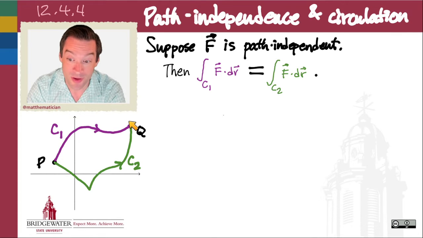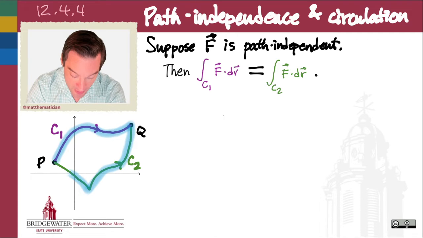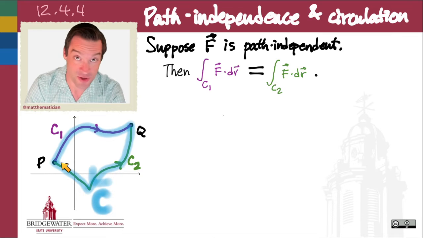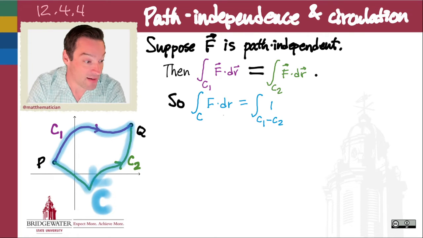Run along C1 and then run oppositely along C2. So I'm going to define a closed path C as the concatenation of C1 with the opposite of C2. That's going to start at P and it's going to end at P.